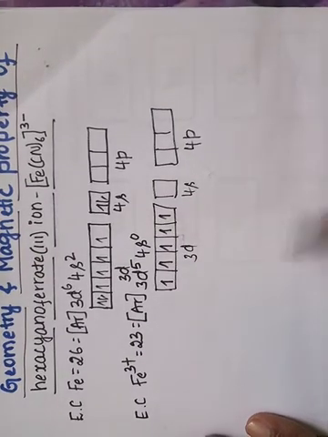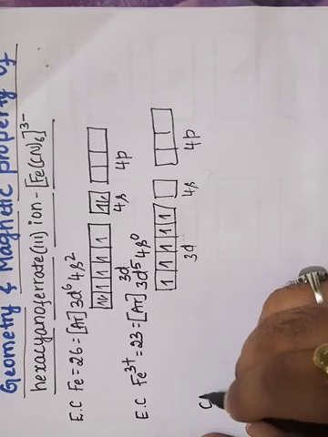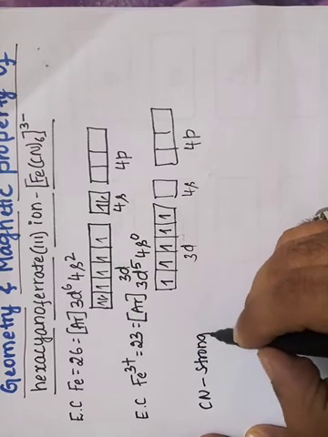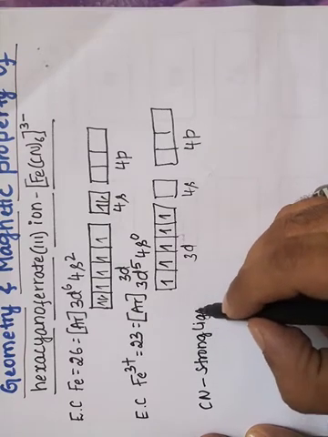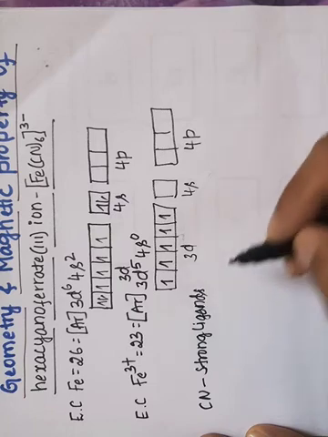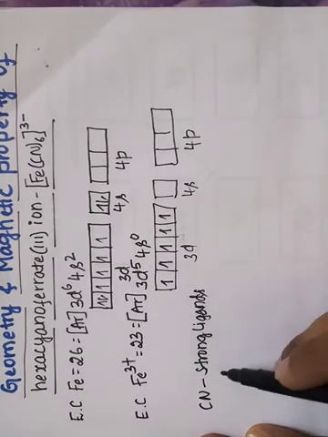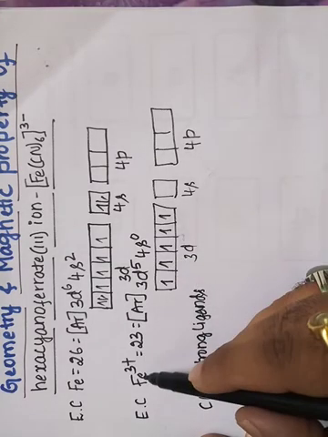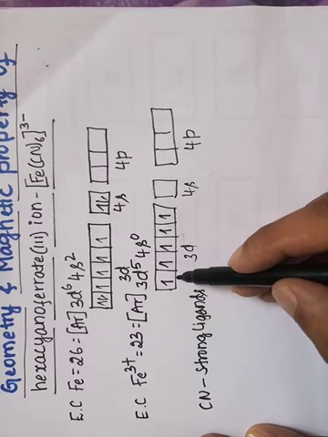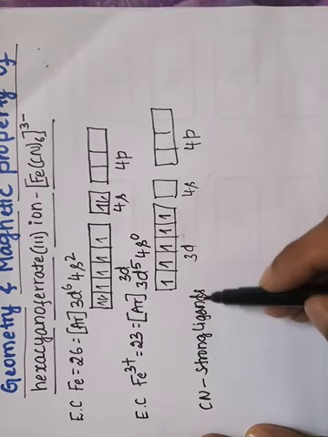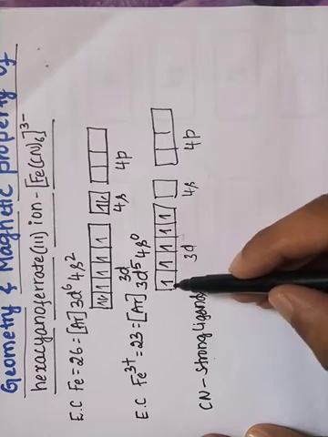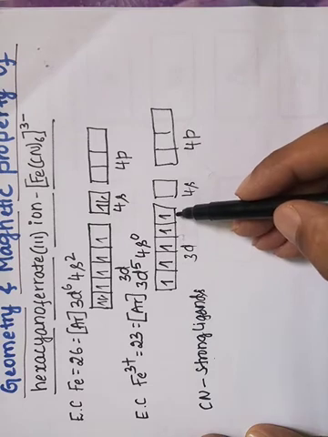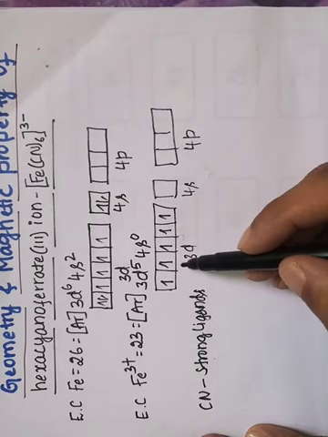Now the cyanide ligands. These cyanide ligands are strong ligands. According to valence bond theory, when strong ligands approach the central metal ion, Fe3+, the unpaired electrons present in the 3d orbital get paired up against Hund's rule of maximum multiplicity.